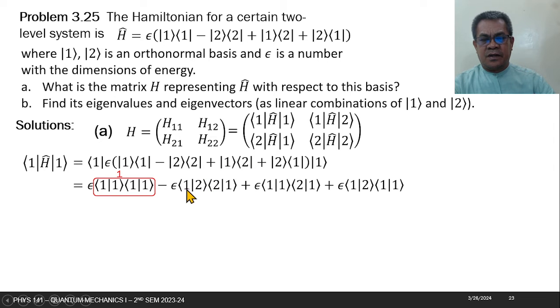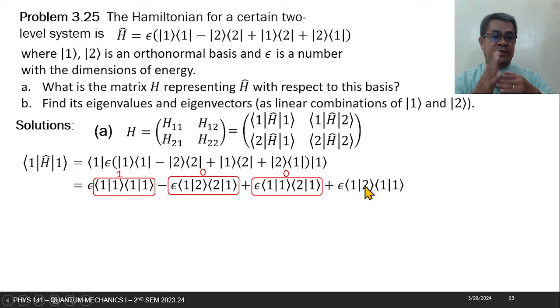For a different state, the inner product should be 0, so this whole expression becomes 0, including epsilon. Also with this one, this is 1, but this one is 0, so the whole expression becomes 0. And with the last term, this is also 0, although this is 1, because they are perpendicular, orthogonal, so the inner product should be 0. Therefore this must be 0, so we have only the value of epsilon for this first element.